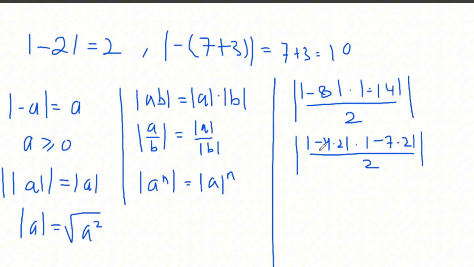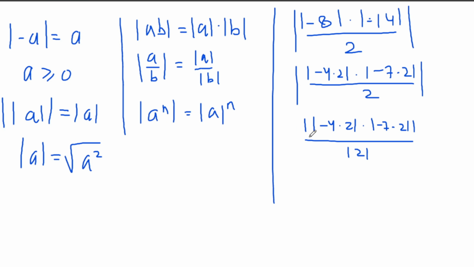Using the quotient rule, we can distribute the absolute value, so it will be the absolute value of negative 4 times 2 times the absolute value of negative 7 times 2, over the absolute value of 2.